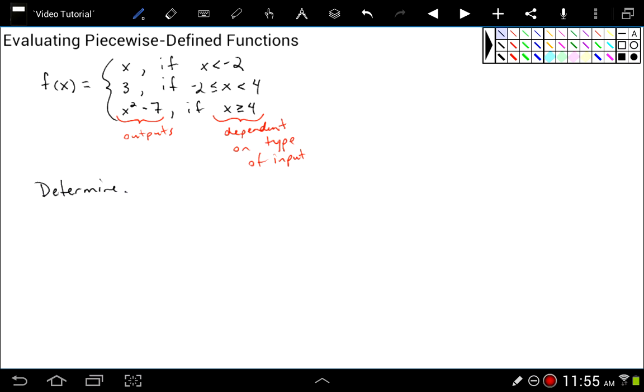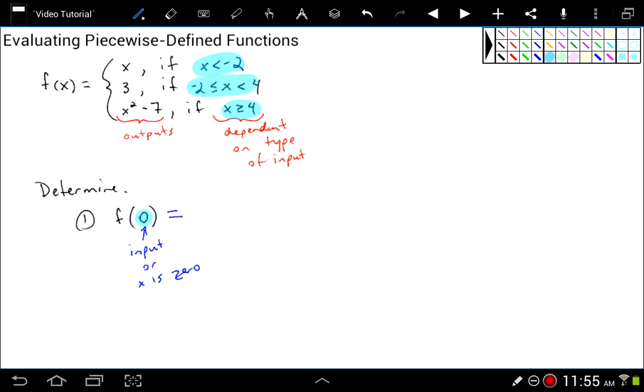So let's say I ask you the question, determine, number 1, f of 0. So this means that my input, or x, is 0. So I come up to my definition of my function here, and I locate which of the three criteria fits the input that I have.